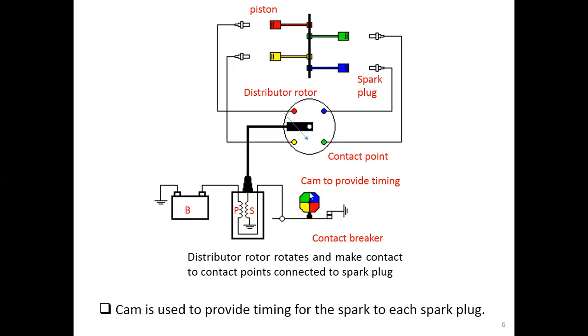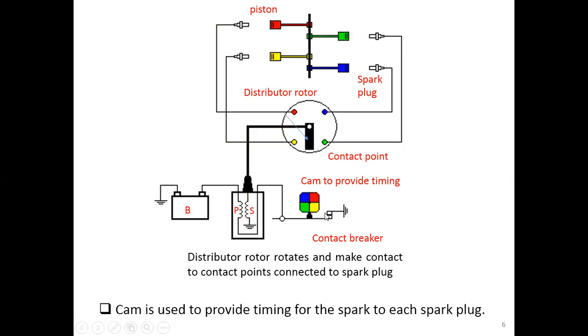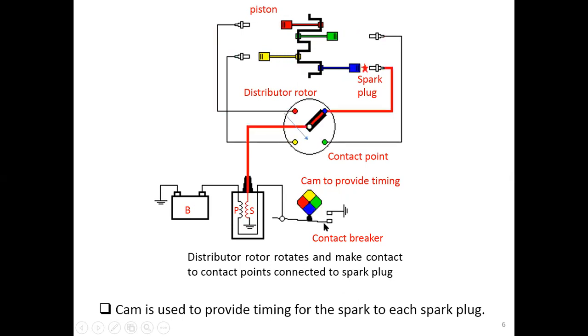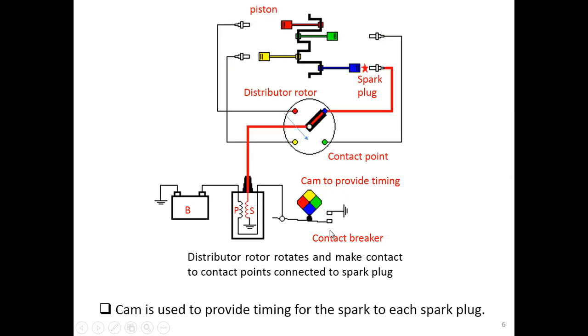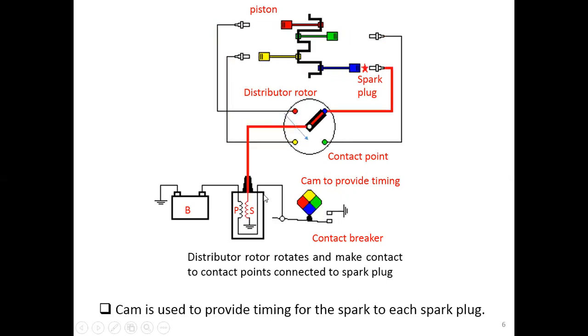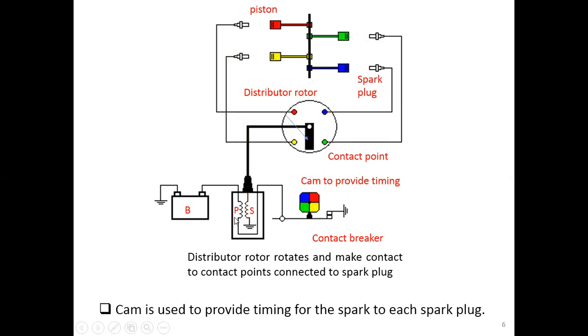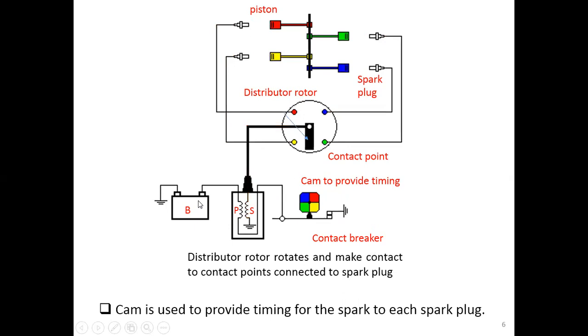This cam here is to provide the timing. This is not the camshaft, it's just a cam. It provides the timing to each spark plug by opening or closing the contact breaker. Every time it closes, the current from the capacitor will flow to the primary winding, and at the same time the primary winding also has current from the battery.